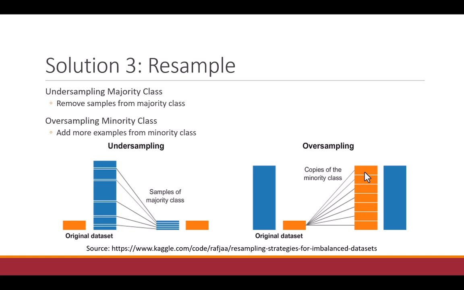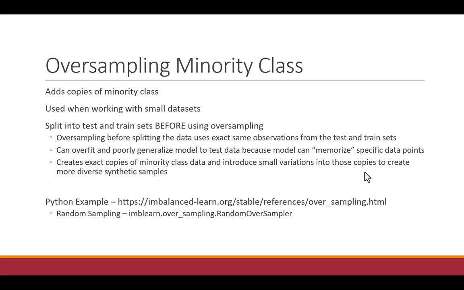Because if you see so few cases, you're not going to be able to make good predictions. In oversampling, we have copies of minority cases. So if you have a small data set, which means you can't lose much data, you will probably want to use an oversampling method.